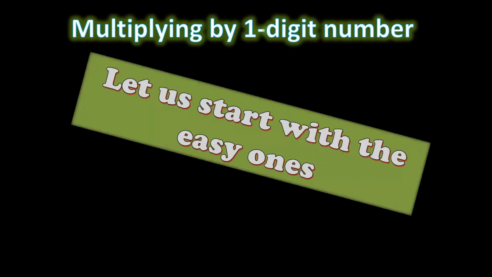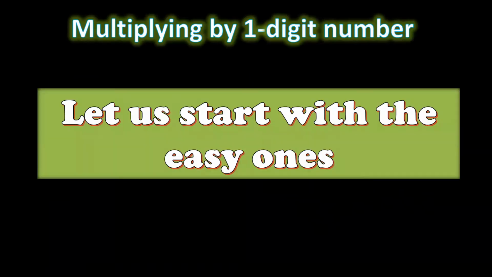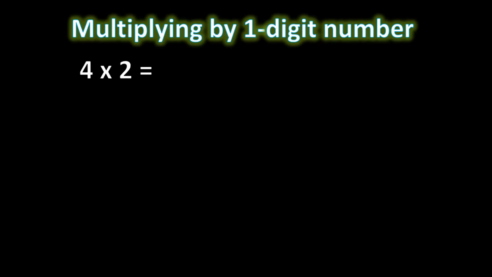Multiplying by one-digit number. Let us begin with the easy ones. We have 4 times 2. So 4 times 2 is 8. How about 40 times 2?